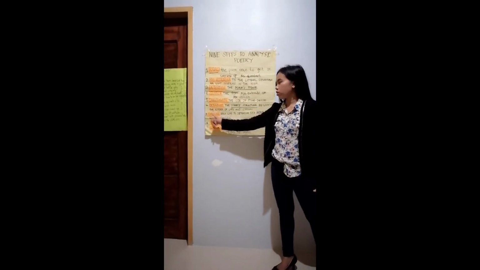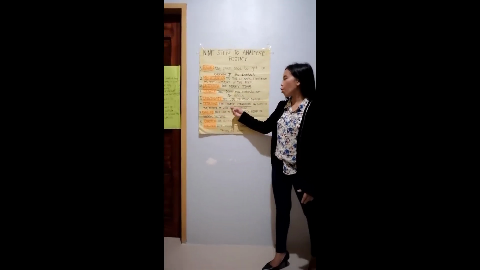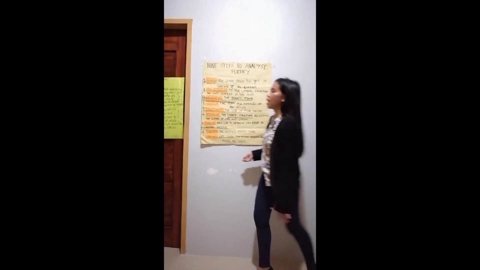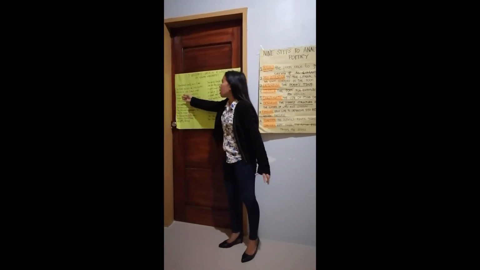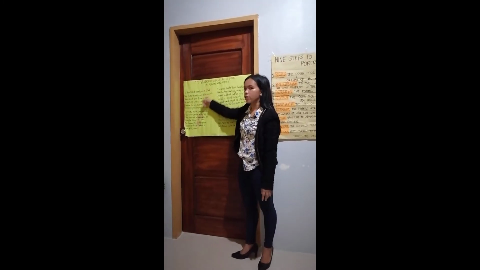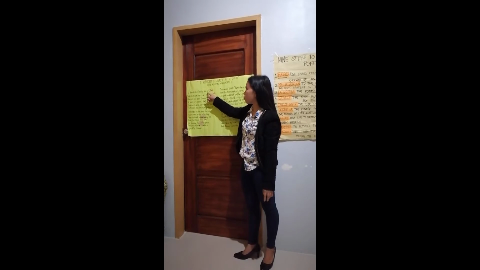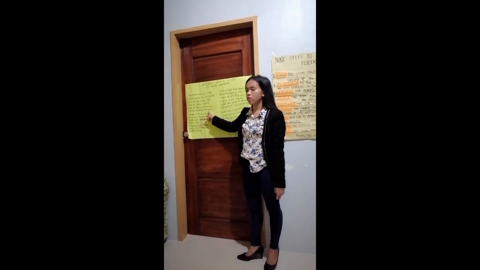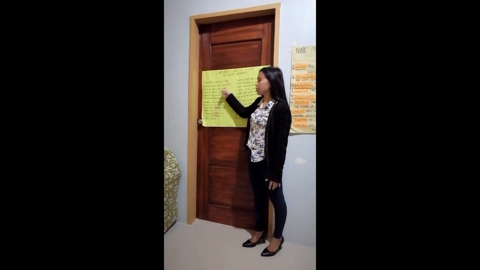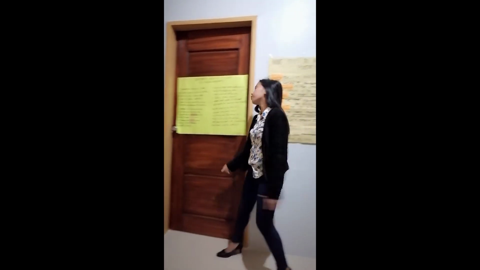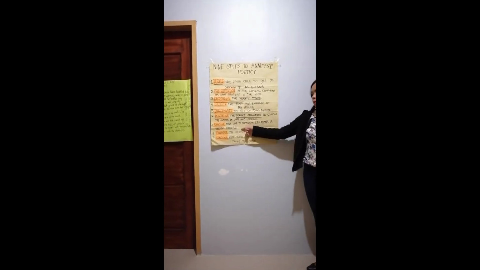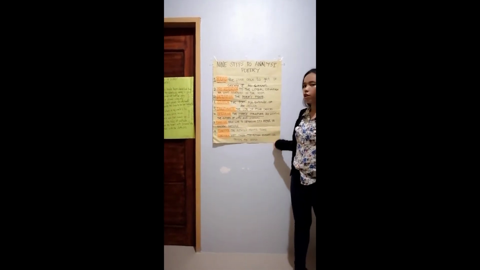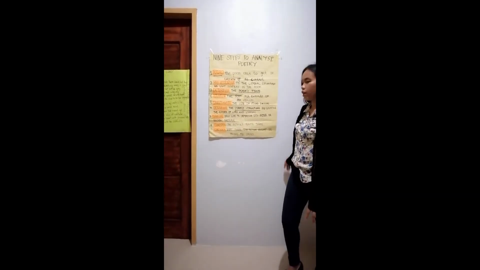Then, next is you have to determine the poem's structure by counting the number of lines and stanzas. For example, here, in the first stanza, as you see, it consists of 1, 2, 3, 4, 5, 6. There are 6 lines in this first stanza. The seventh step is you have to examine each line to determine its meter and rhythmic pattern.